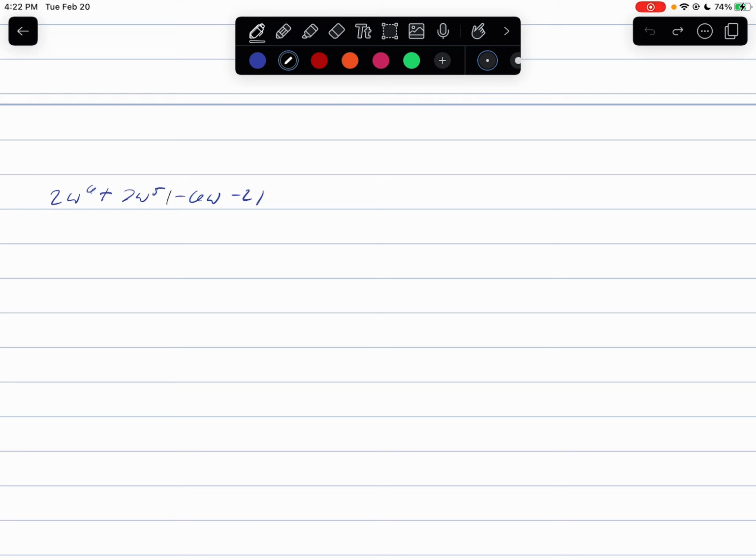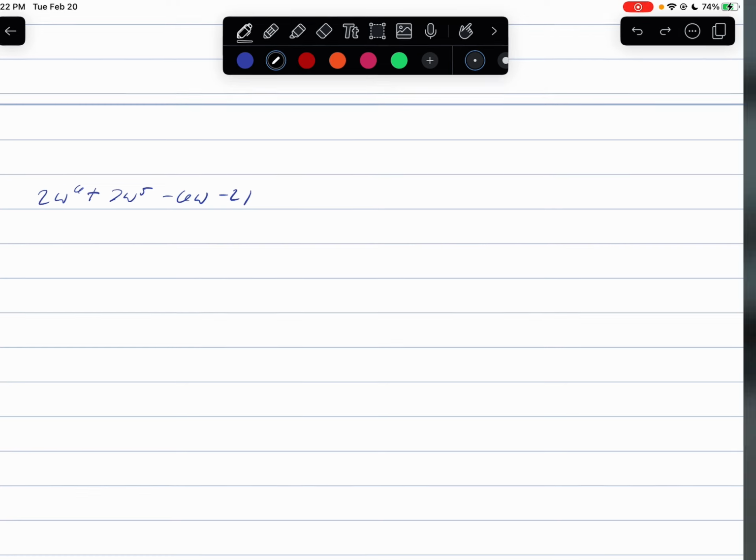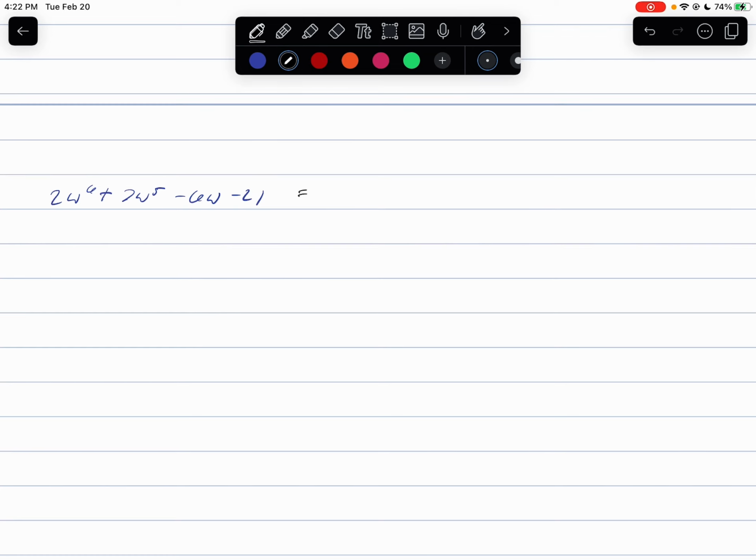So if we could somehow insert a plus sign, that would be good. And we actually can do that. We can rewrite this as 2w to the 6th plus 7w to the 5th plus negative 6w minus 21. And you'll see why this is going to be advantageous for us here in just a minute. Okay, but it's usually good if you can write it with a plus sign here.